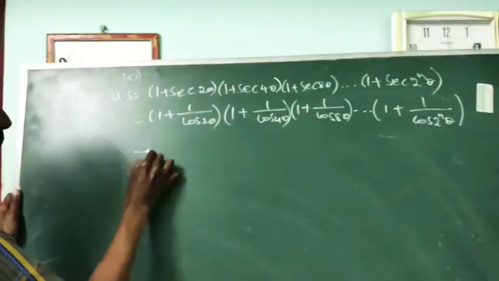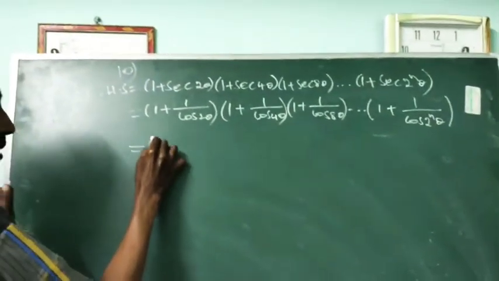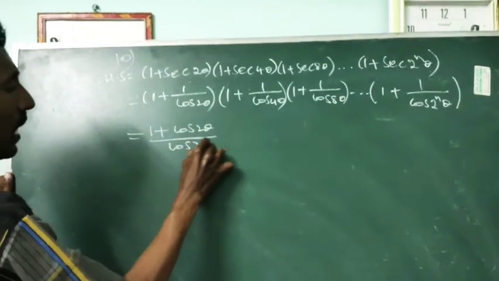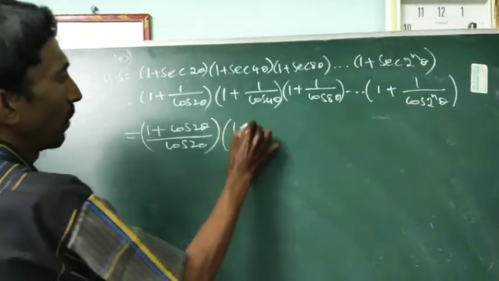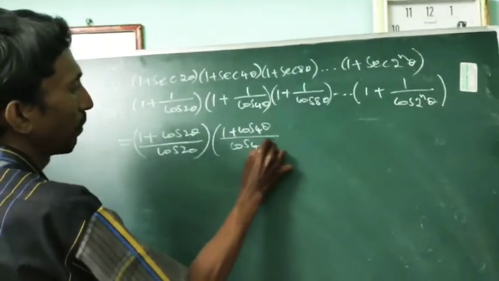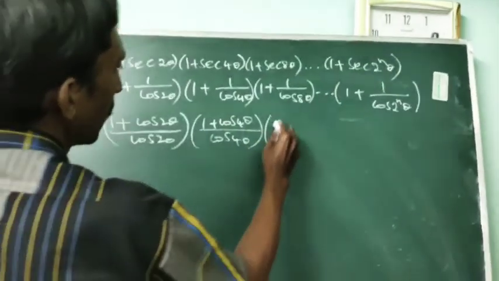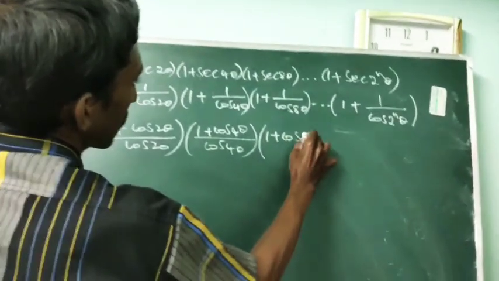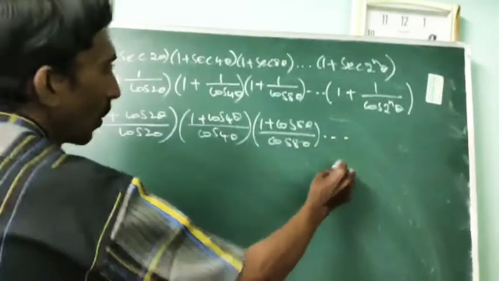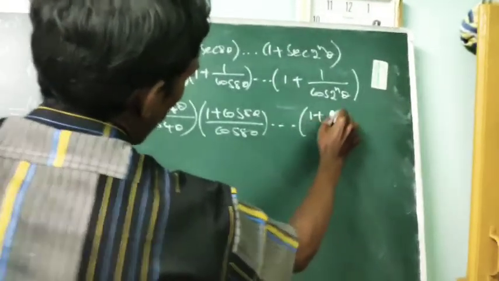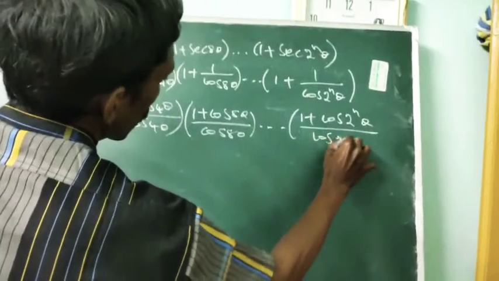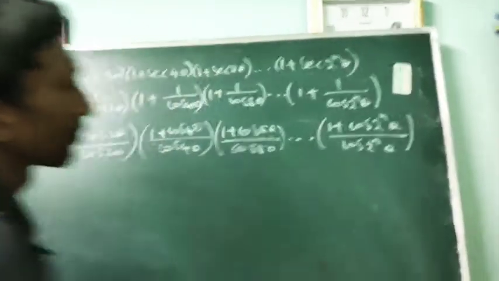So take the LCM. It becomes 1 plus cos 2 theta by cos 2 theta into 1 plus cos 4 theta by cos 4 theta, etc., 1 plus cos third term by cos 8 theta, etc. What is the last term? 1 plus cos 2 power n theta by cos 2 power n theta.